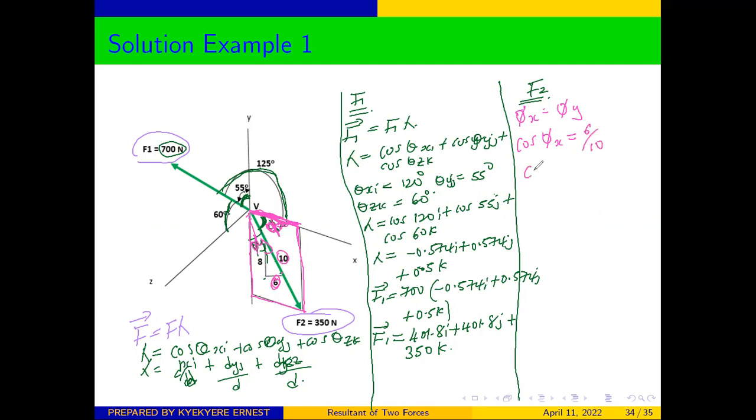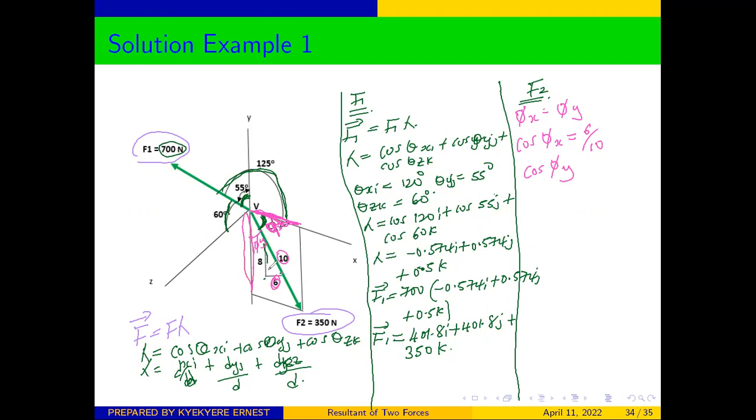And then we can also get cos phi y, the angle the force makes with the y-axis. If we want to get this side, then this side is also adjacent to the angle phi y.